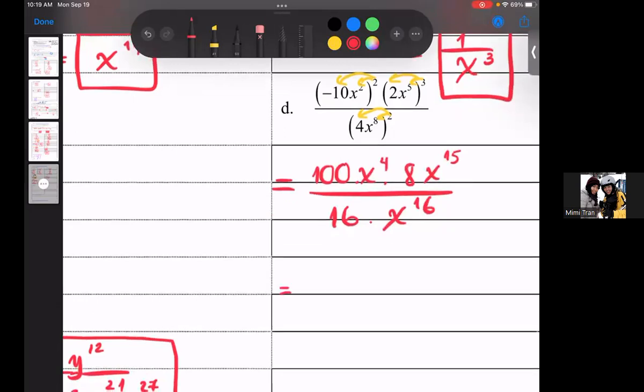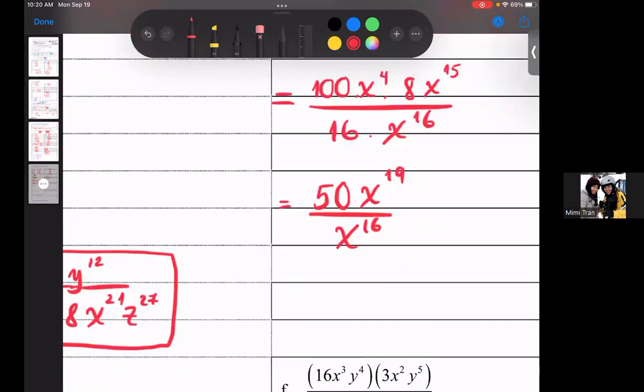Now you simplify. 8 and 16, there's 2 at the bottom, 100 divided by 2 is 50. Or use your calculator. What about x? I got x to the 19 on the top, right? And then x to the 16 on the bottom. So 50 x to the 3rd.